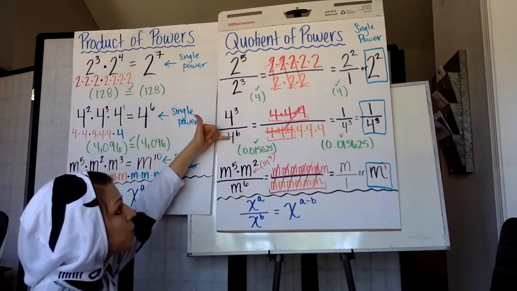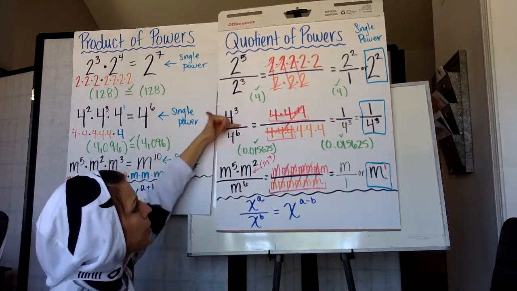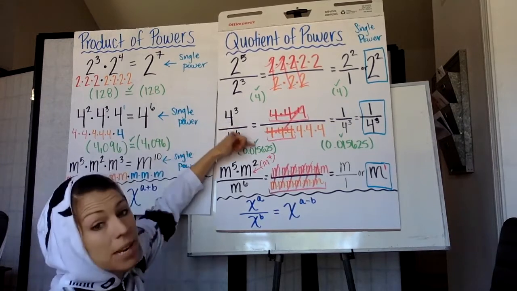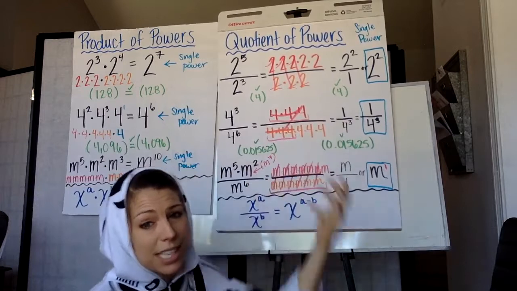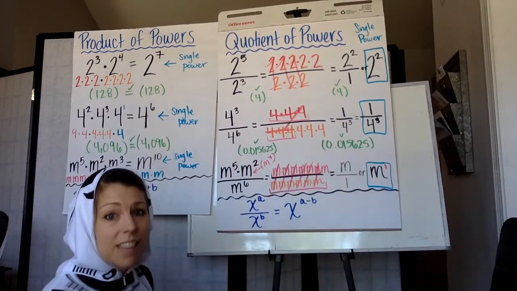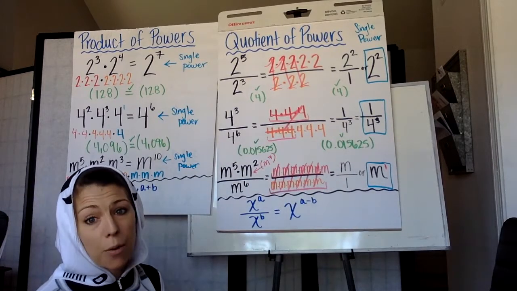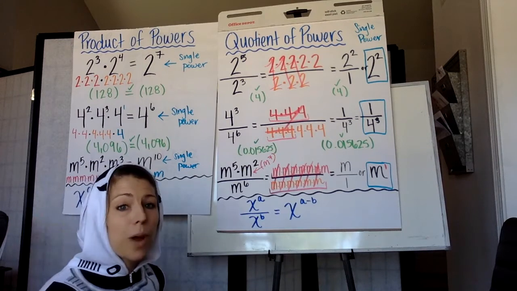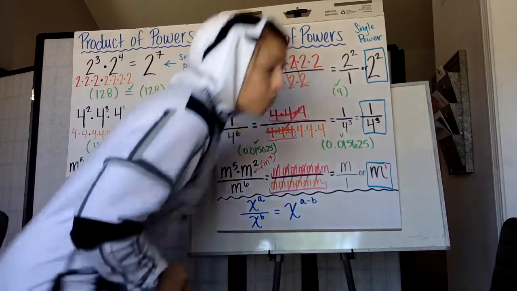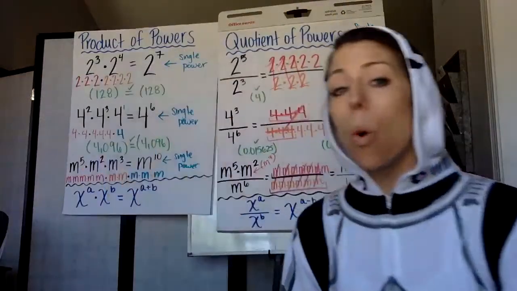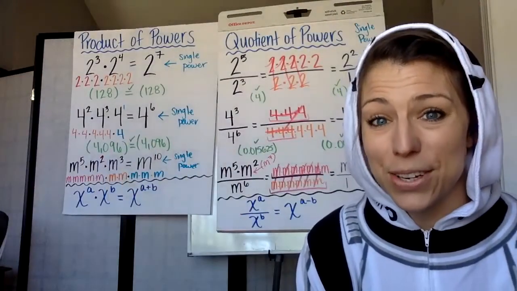So in this case, we subtract 6 minus 3, but we keep in mind that the denominator has more factors of 4, which means that my final answer is in the denominator. That's called the quotient of powers property, and that's a quicker way to simplify these types of problems. All right, we have got one more property to learn today.